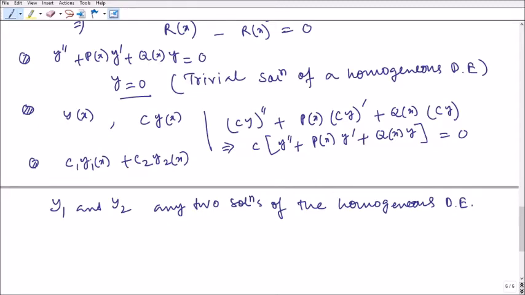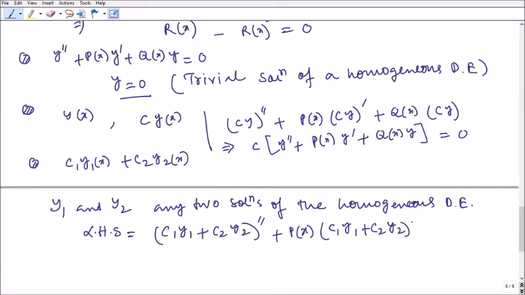From this equation, the left hand side, we can write c1 y1 plus c2 y2, that is double derivative, plus p of x into c1 y1 plus c2 y2 dash, plus q of x into c1 y1 plus c2 y2.